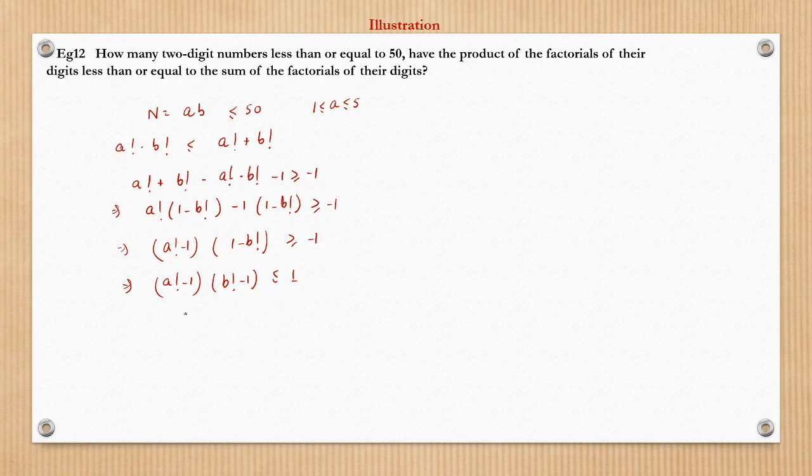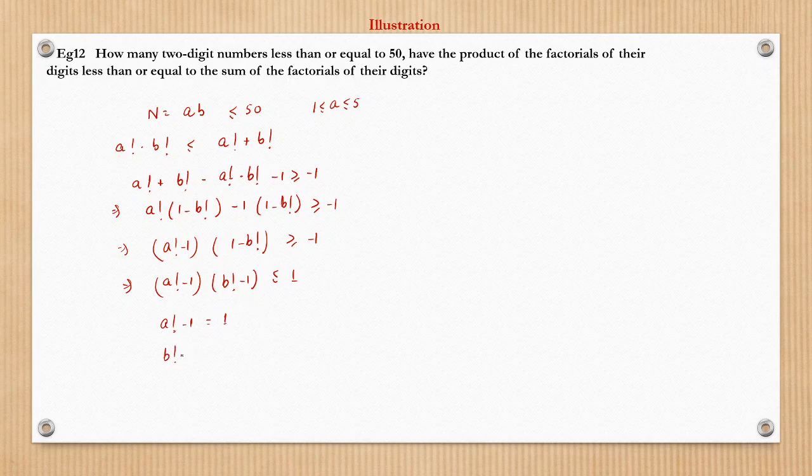So now see here, an interesting equation. The product of two numbers is less than or equal to 1, and we know that a factorial minus 1 is an integer only, it cannot be a fraction.